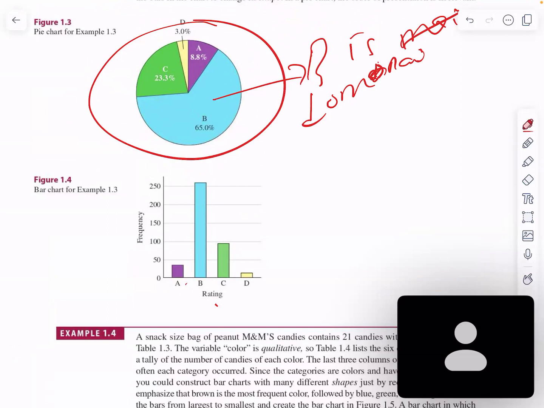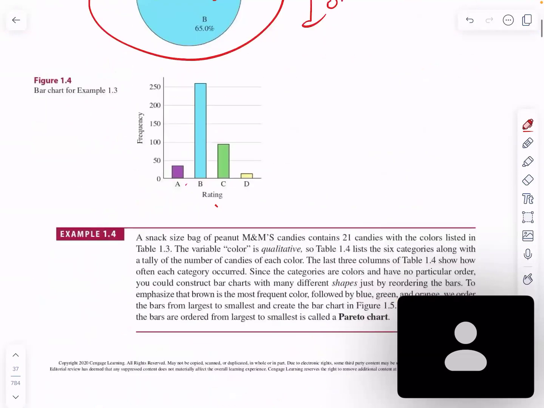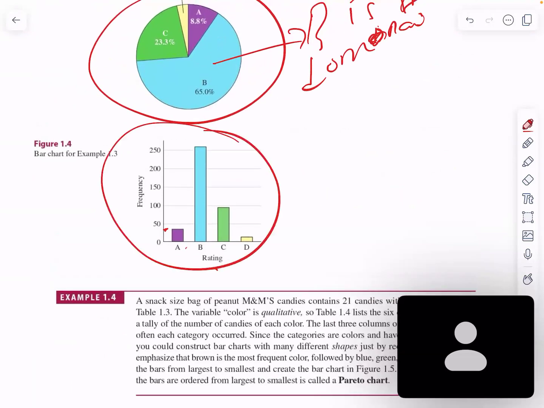Now, A occurs how many times? 35 times. So this is about 35. B occurs, so it's also easier to see them, right? Actually, these are common and make more sense than most other graphs.